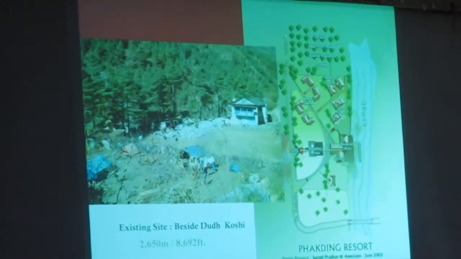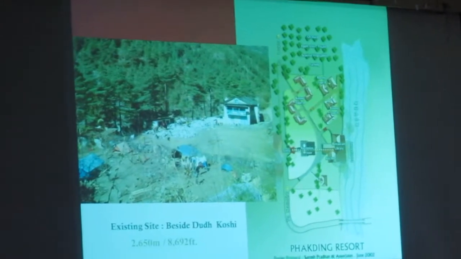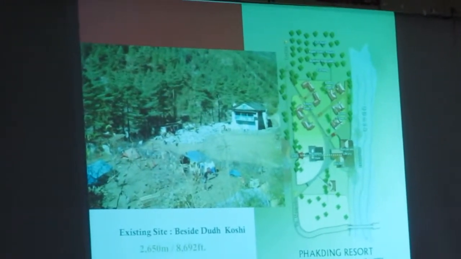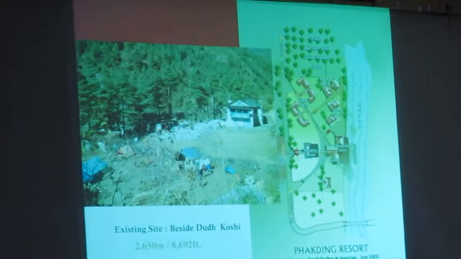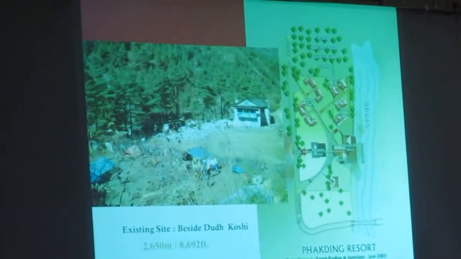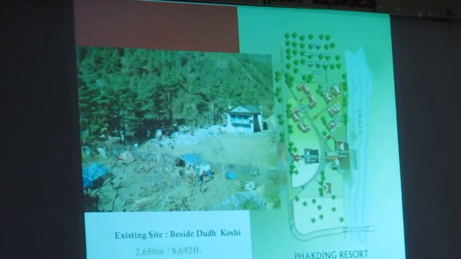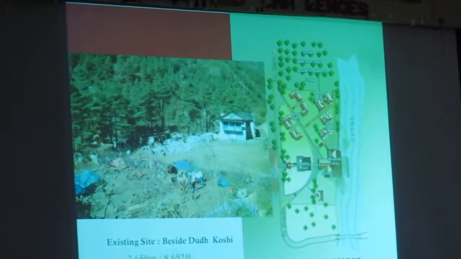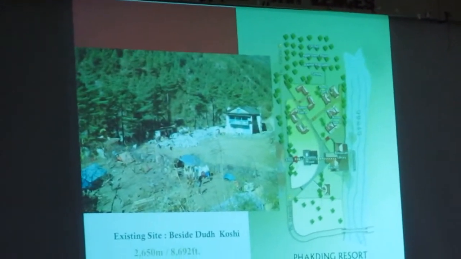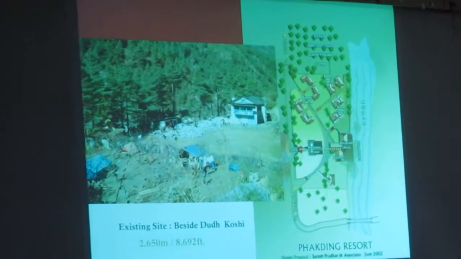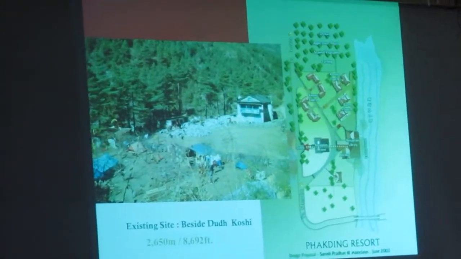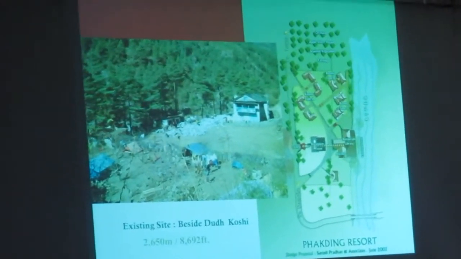So the first project we did really was a small resort, around 2 hours from Lukla Airport. It is close to the Dudhkoshi River, where there was an old building, which looks fine from the outside, but on the inside the wood was really perishing, as Professor Tiwari's language. It was really rotting, and there was a lot of water inside.